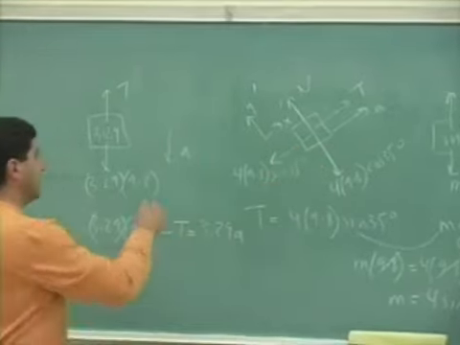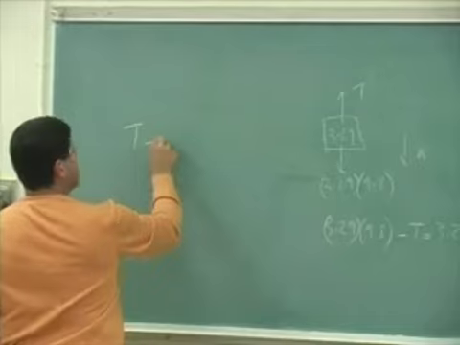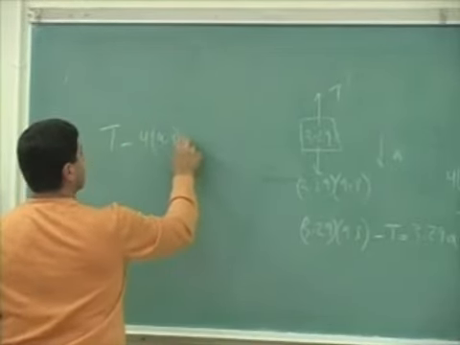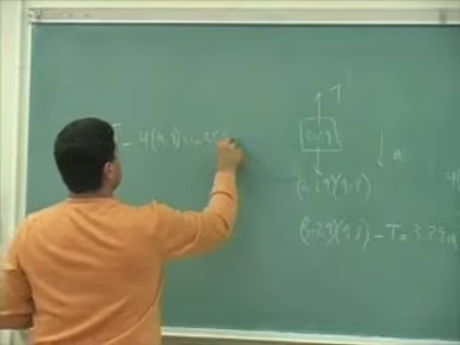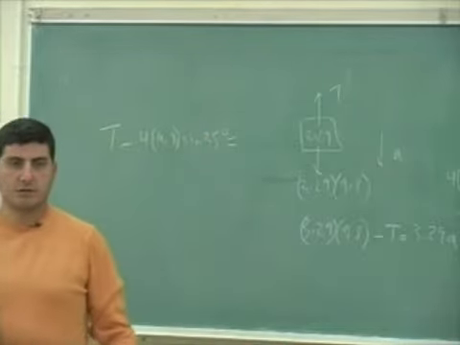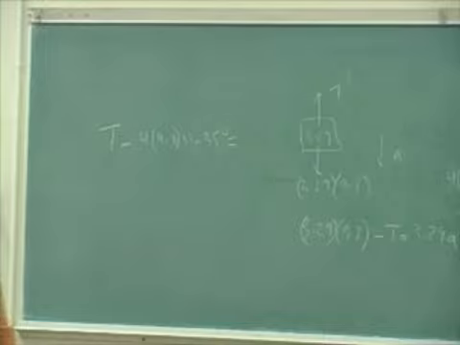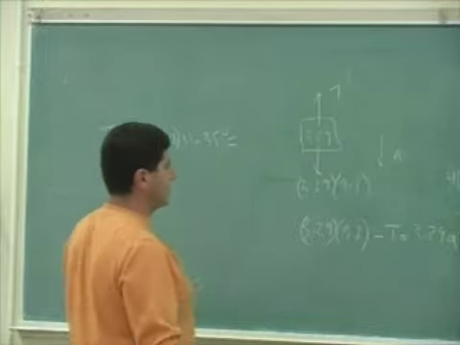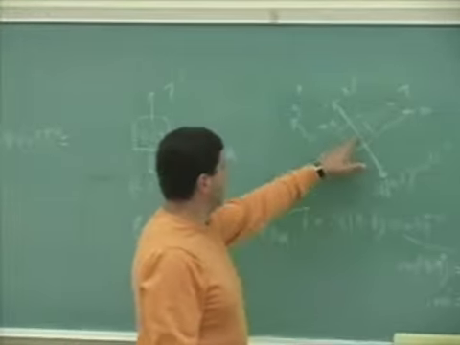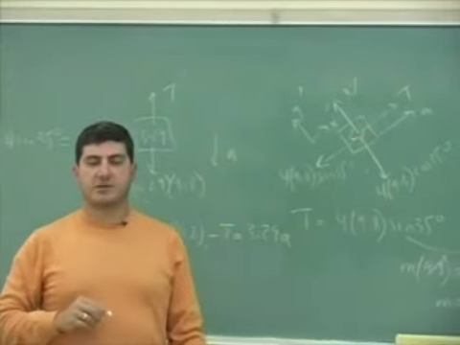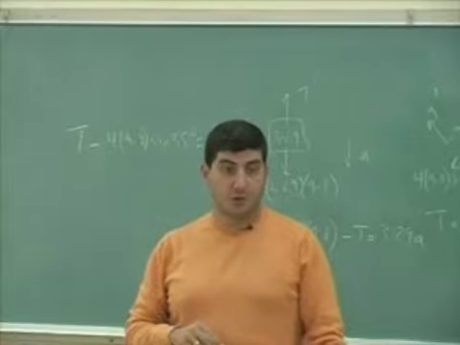So the equation for that is going to be T minus 4 times 9.8 times sine 35 equals what? What times A? Its mass times A, right? And its mass, well, it's a good idea to always put the mass right inside of the box there. Its mass is 4.